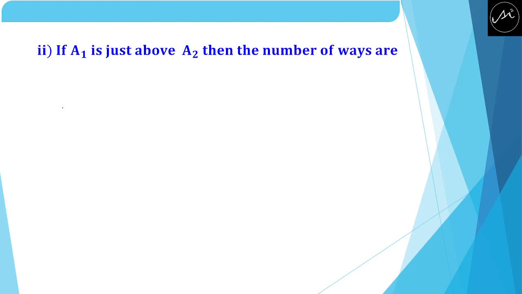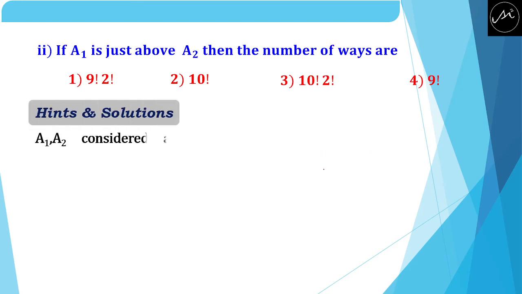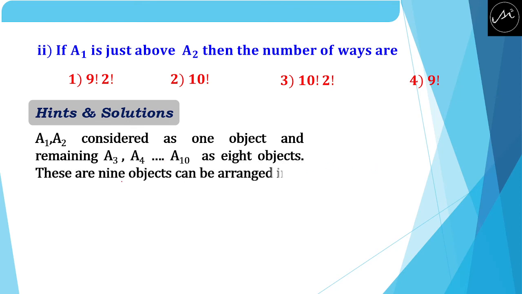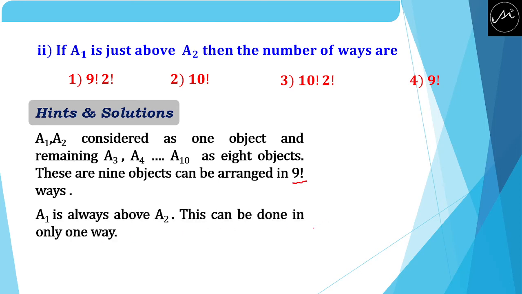So for the second question, you can see A1 is just above A2. Then the number of ways, see, A1 is just above A2, that means they have only one choice. A1 and A2 are considered as one object and the remaining are 8 objects. So 9 factorial ways. Here A1 is always above A2 means there is only one way for that.